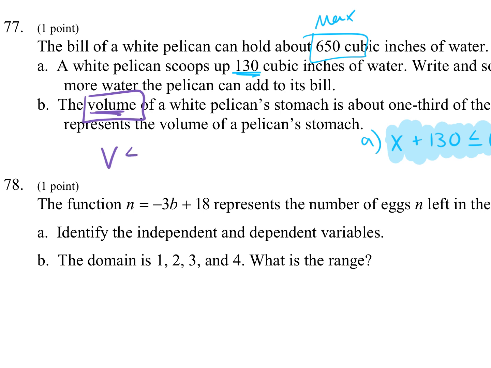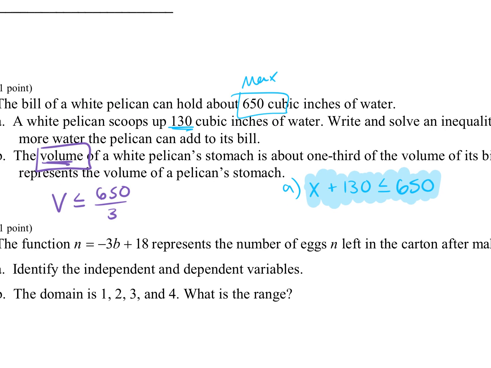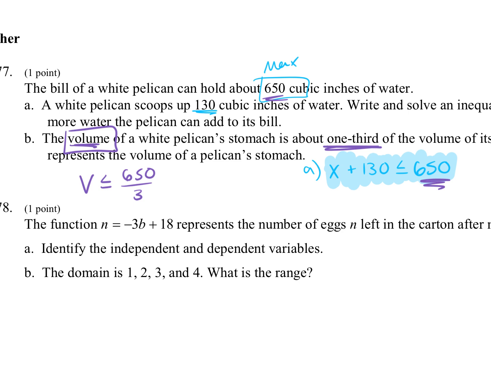So V has to be less than or equal to 650 divided by 3. So whatever it is that you are being told here, 1/3, we take 1/3 of the total amount, 650. Volume is going to be something less than that, because it doesn't have to be completely full, but that's just the max it could be. So this would be B.